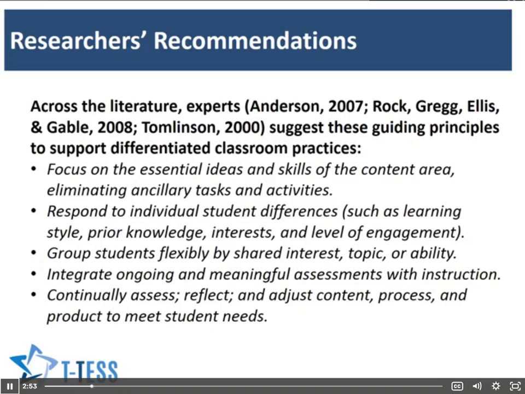Also, group students flexibly by sharing interest, topic, or ability. Next, integrate ongoing and meaningful assessments with instruction. And last, continually assess, reflect, and adjust content, process, and product to meet students' needs.